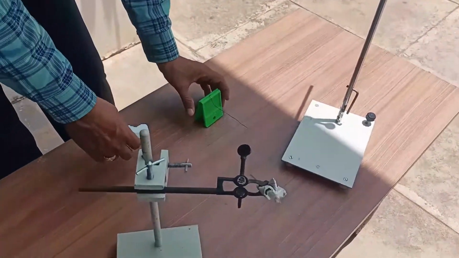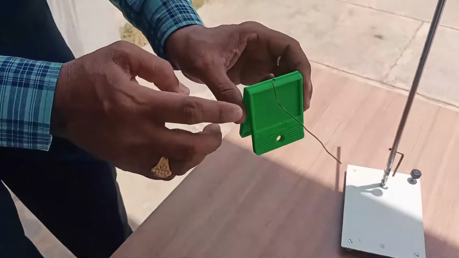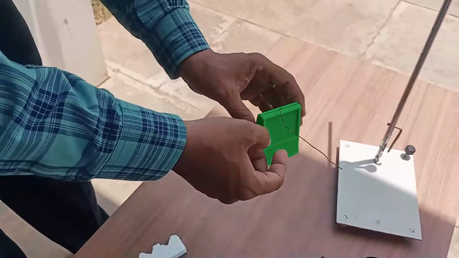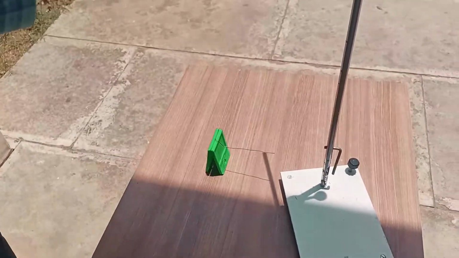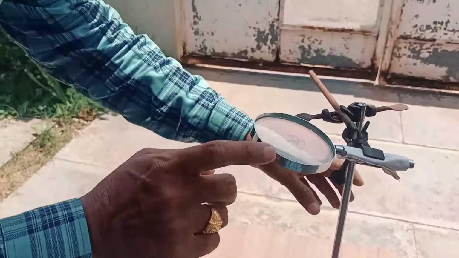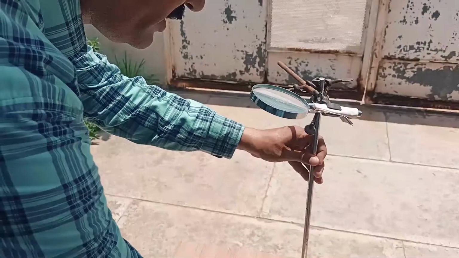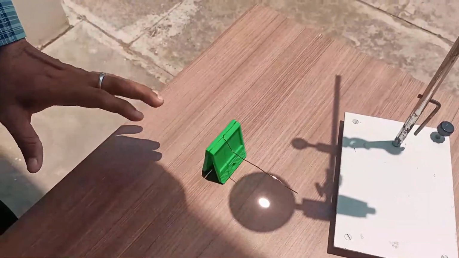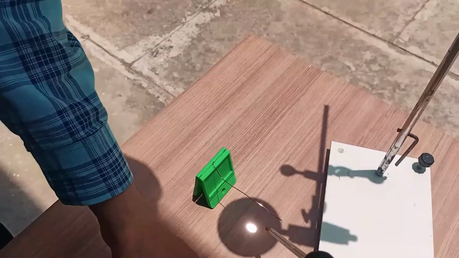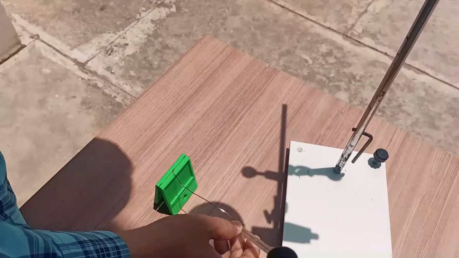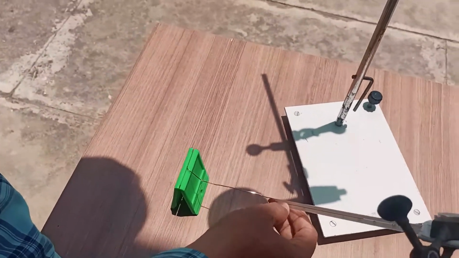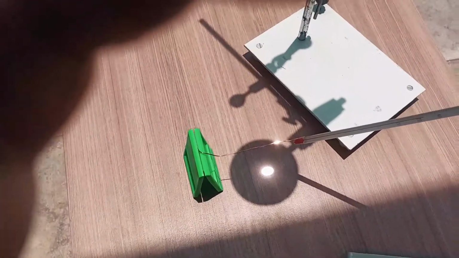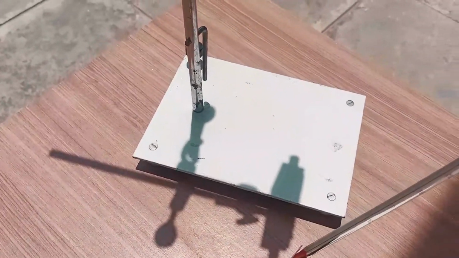For the absorbing receiver pipe, I have taken a copper wire and this is placed here like this, and instead of a Fresnel lens I have taken an ordinary lens and I am focusing the sun radiation on this pipe. Assume that this is one copper pipe and I am placing one thermometer which is in contact with this pipe. So let us see the initial temperature of this copper pipe.